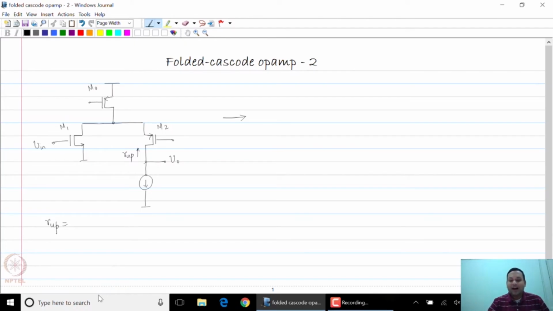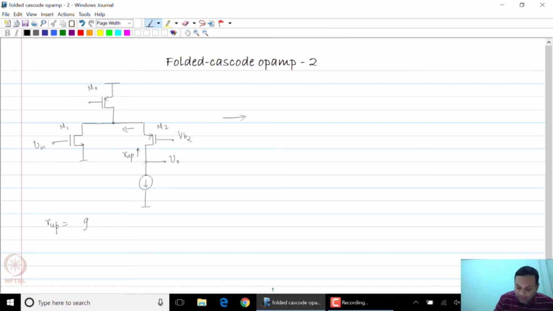As you can see, the gate of M2 is connected to a constant voltage, and therefore M2 is a common gate structure. You know that any impedance at the source of the common gate structure is multiplied up by the intrinsic gain of the common gate transistor.